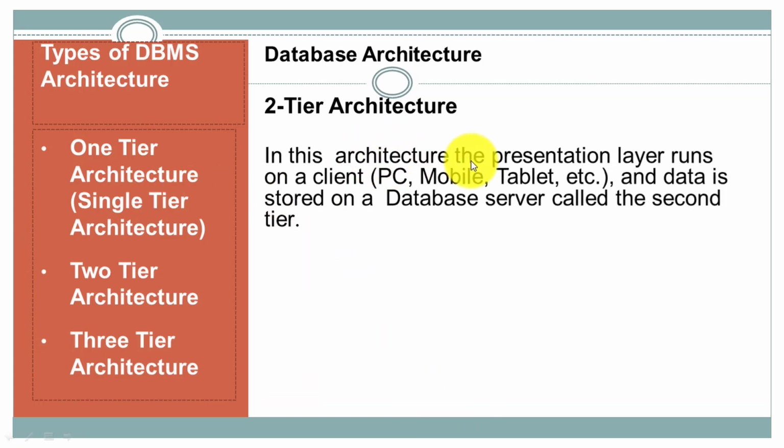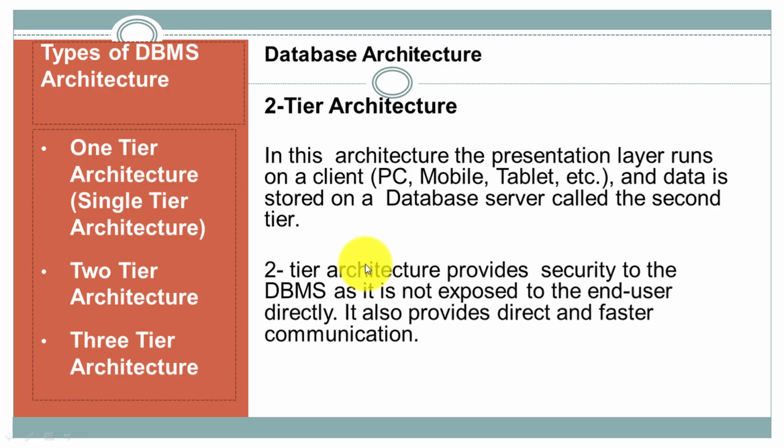In this architecture, the presentation layer runs on the client side, like a PC, mobile, tablet, etc. Data is stored on the second layer, that is the database server, called the second tier. Two tier architecture provides security to the DBMS as it is not exposed to the end user directly.